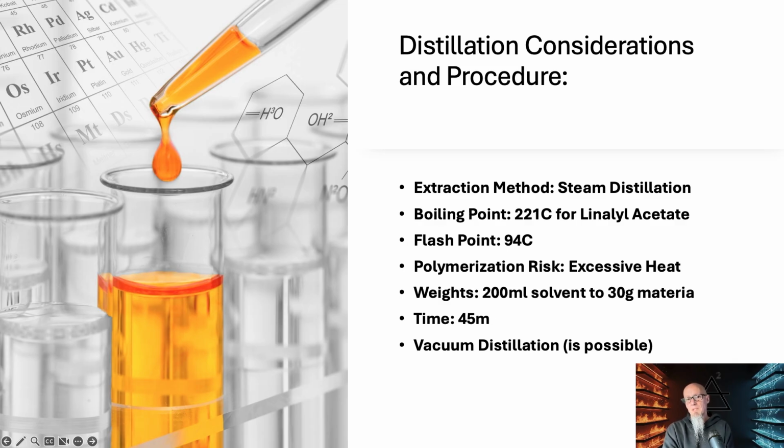And then vacuum distillation if you can, to avoid localized hot spots, and keep the pot temperature below 50 degrees Celsius. Again, we don't need it for this one. I'm planning on showing you guys vacuum distillation at some point, but it won't be with lavender. It will be with a different product. All right.